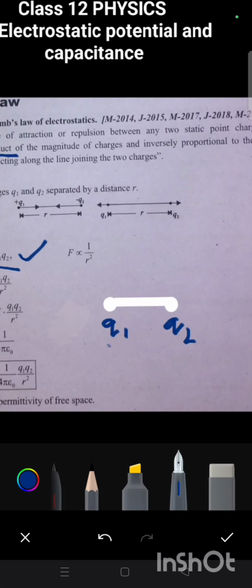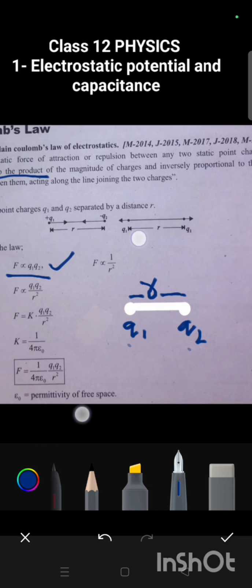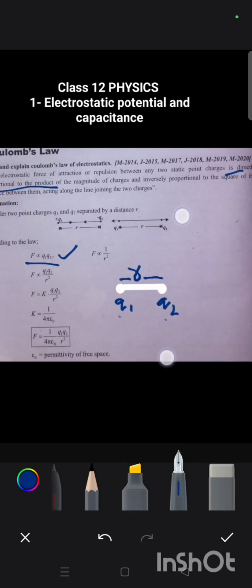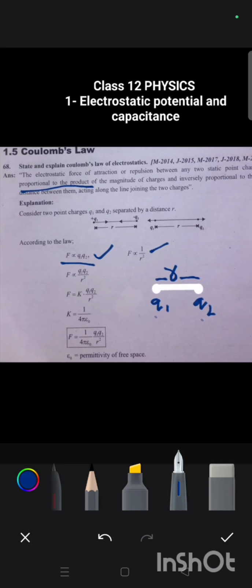These are the two charges and the distance between them, I'll consider it as R. So it is inversely proportional to the square of the distance between them, right? This is the second equation.